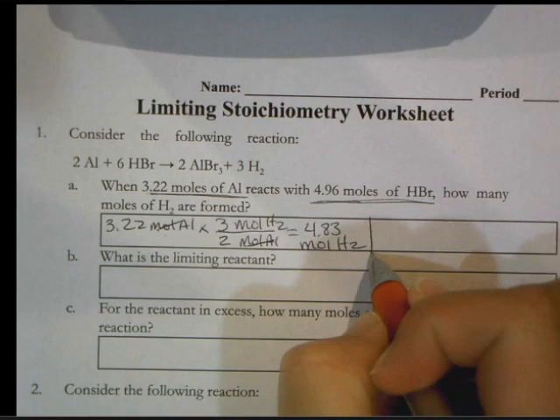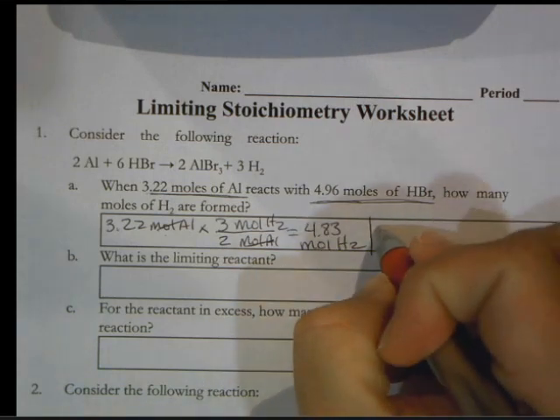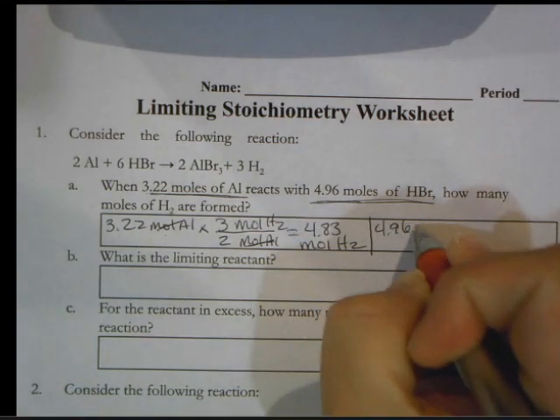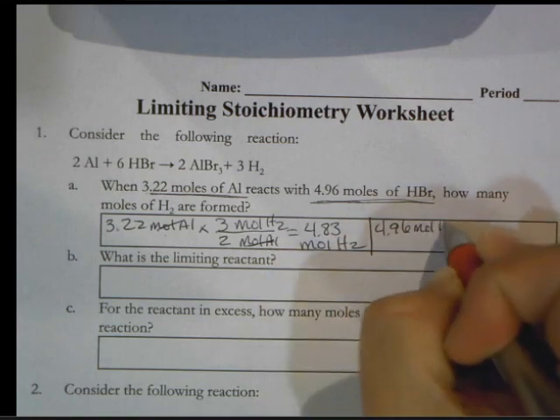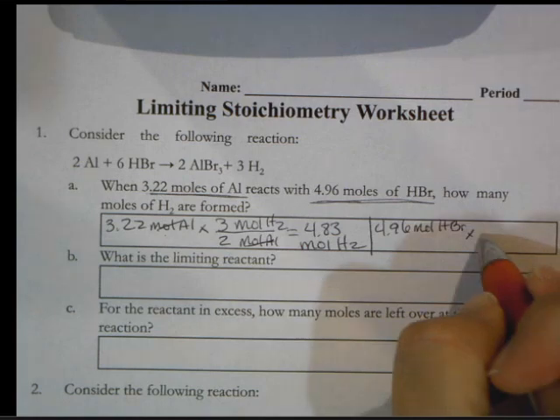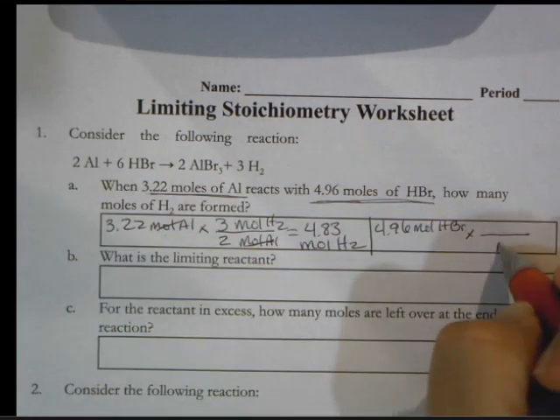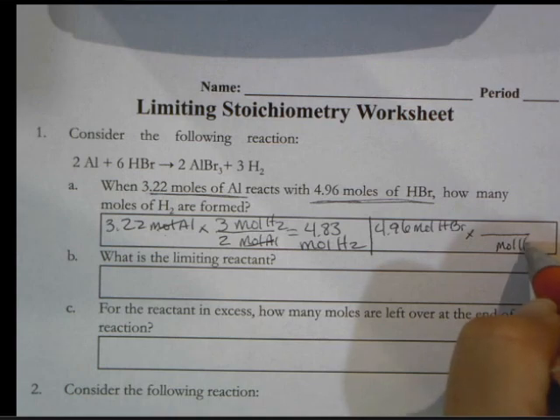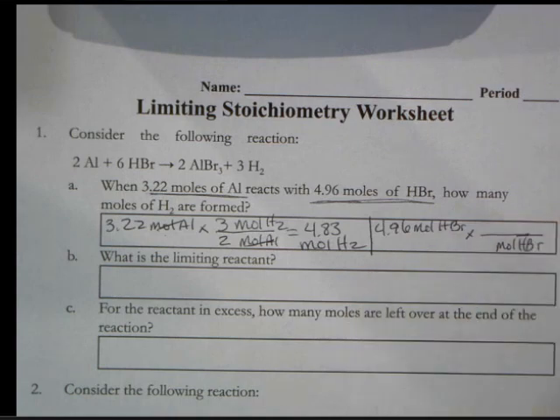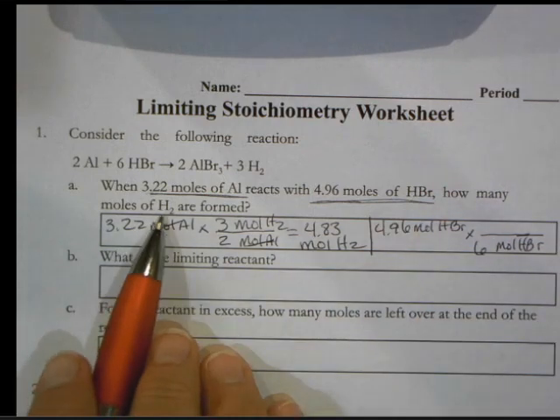Then we need to do our other one to determine how many moles we'll make from 4.96 moles of hydrogen bromide. So we'll do 4.96 moles of hydrogen bromide times 6 moles, because moles of hydrogen bromide is what we have, and we want to go to moles of hydrogen.